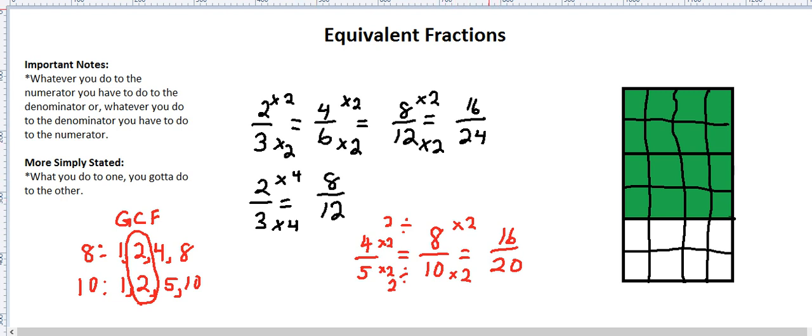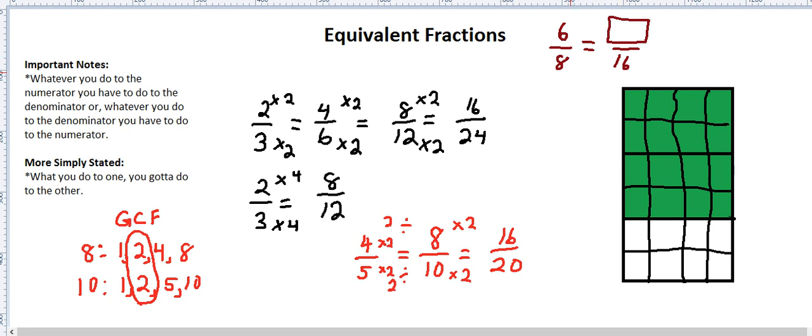I'm going to show you one more thing here with equivalent fractions, and we'll just do it up here at the top. Say I have 6/8, and I want to find what would be equivalent to, we'll say 16, and then we don't know what goes up here, so I'm just going to put a little box. Well, I'd say to myself, what do I need to do to this 8 to get it to equal 16?